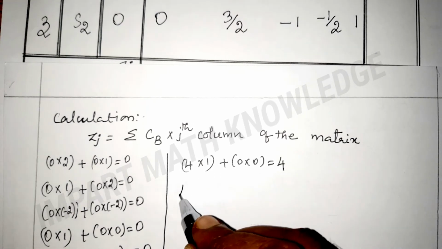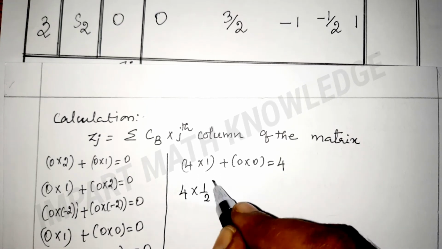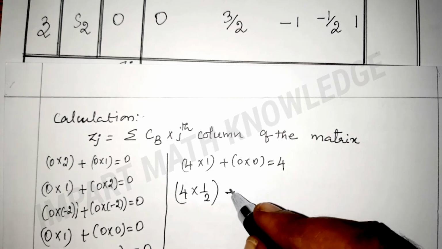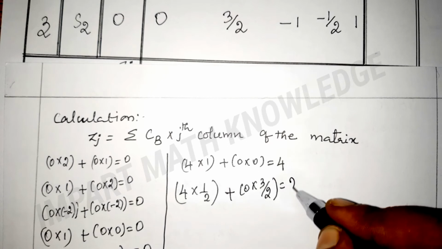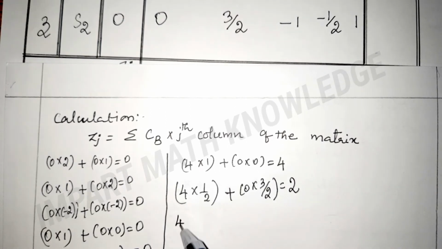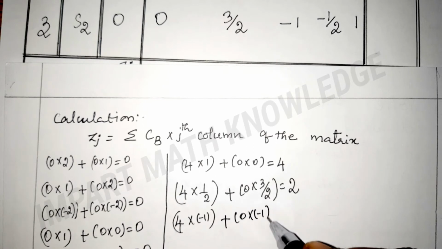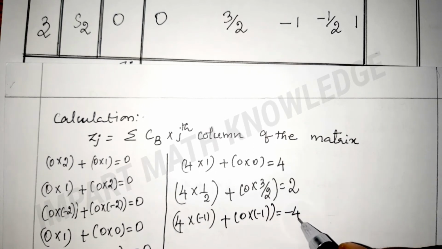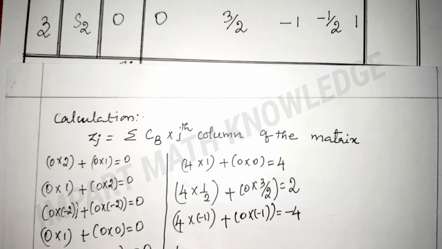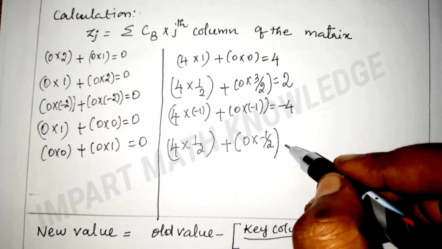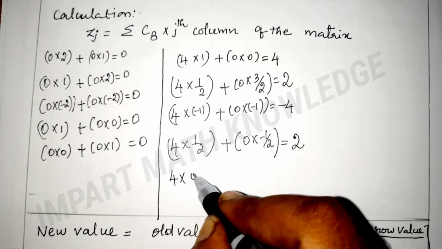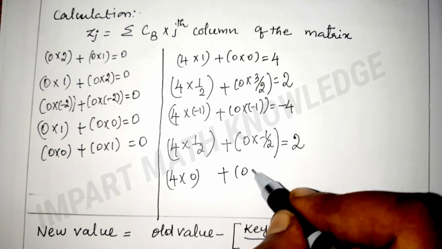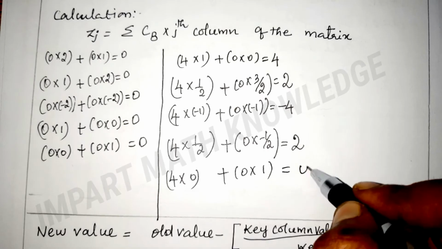The second one is 4 into half plus 0 into 3 by 2, so the value is 2. The next one, 4 into minus 1 plus 0 into minus 1, so the value is minus 4. The next one, 4 into half plus 0 into half is 2 again. Next one, 4 into 0 plus 0 into 1, so the value is 0.